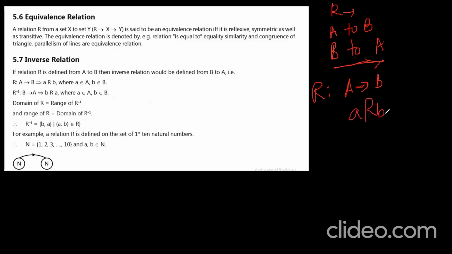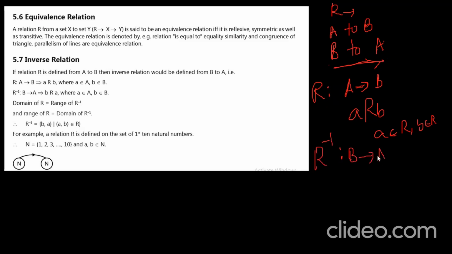Next, inverse relation. This is very important. If a relation R is defined from A to B, then the inverse relation would be defined from B to A. That means R maps A into B, where a belongs to A and b belongs to B. Suppose you take the inverse relation.